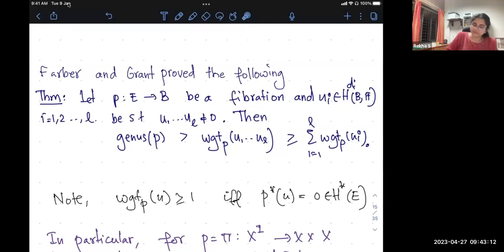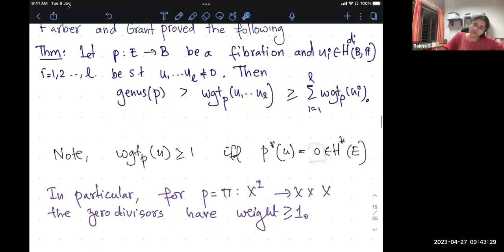In particular, a class will have weight greater than or equal to 1 if, when you push it along the induced map p star, it goes to 0. So in the case of the fibration that we care about for TC, all zero divisors will have weight greater than or equal to 1.